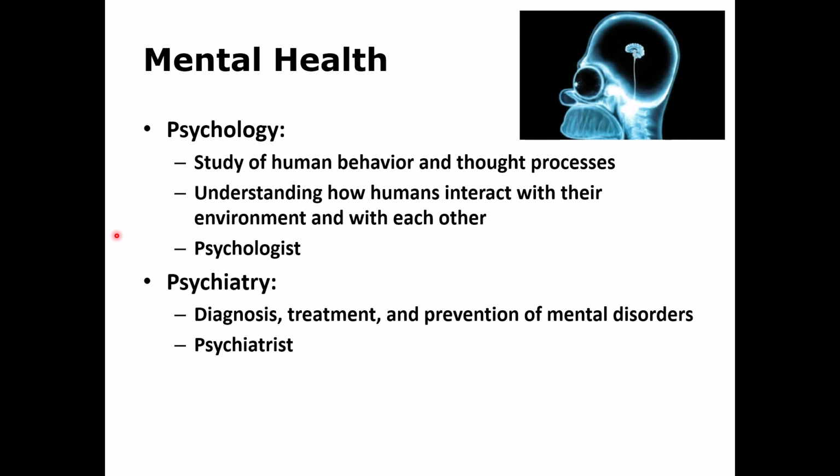Psychiatry, on the other hand, is for diagnosis and treatment of mental diseases, and the person has to do undergrad and then 4 years of medical school, and then about 5 years of psychiatry. So the person that is specializing in psychiatry is called a psychiatrist.